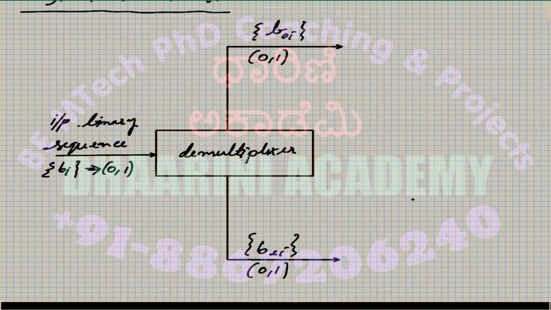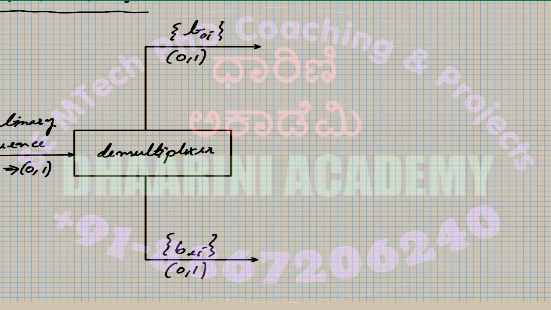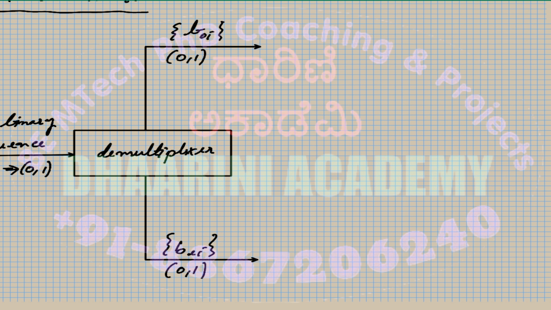Now, depending upon the amplitude of each symbol, you need to shift the amplitude to plus root of E by 2 or minus root of E by 2. This is what we have seen in the theory part, when we discussed the conversion of zeros and ones into amplitudes: we need to shift the amplitudes by a certain amount.